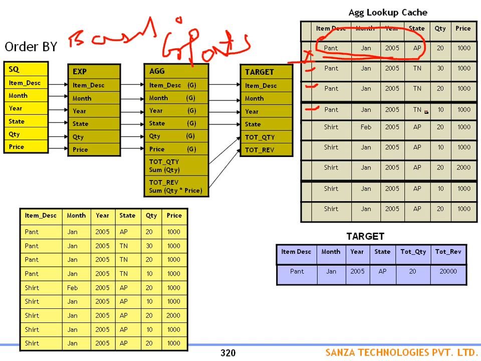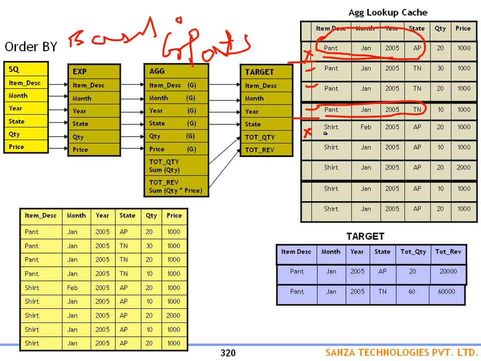Because you made it order by, this combination should be in this set only, it cannot be down the line. As soon as the combination changes, Informatica knows that there is no record with this combination down the line, so it will group it and send it across.